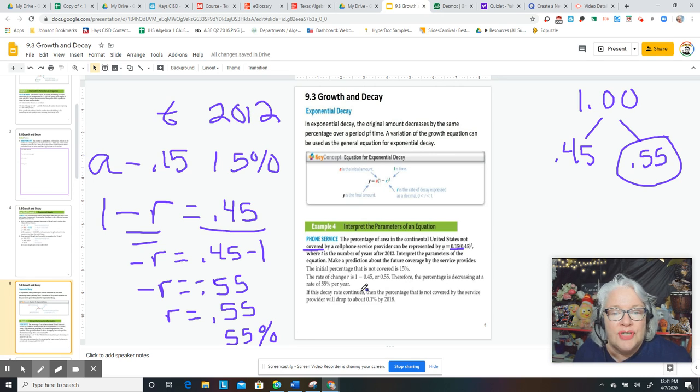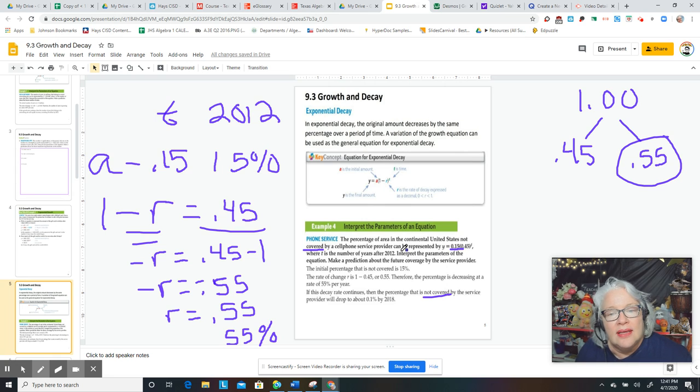So the rate of change is 55% per year, and it's a decay. It's going down. And if this decay rate continues, then the percentage that is not covered by the service provider will drop to about 0.1% by 2018.